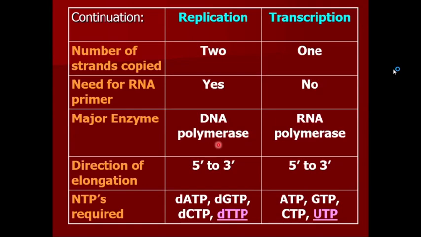The major enzyme in replication is DNA polymerase, while in transcription, it is RNA polymerase. The similarity is that both these polymerases form phosphodiester bridges between nucleotide residues.